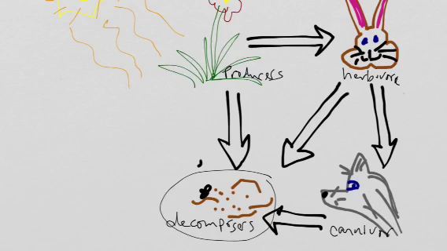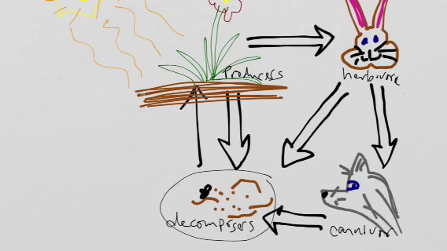Those nutrients will make their way back into the soil that these plants have their roots in, and plants are going to draw on those nutrients to help them grow. That is the matter cycle. The matter cycle is the recycling of nutrients.